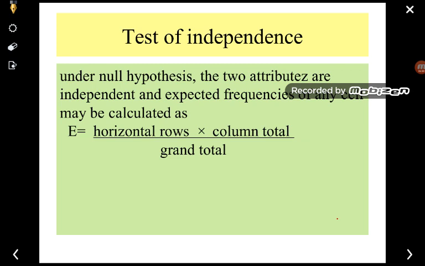You know that the chi-square test is a very simple but very powerful test for testing the hypothesis of a number of statistical problems. An important use of chi-square is the test of independence.